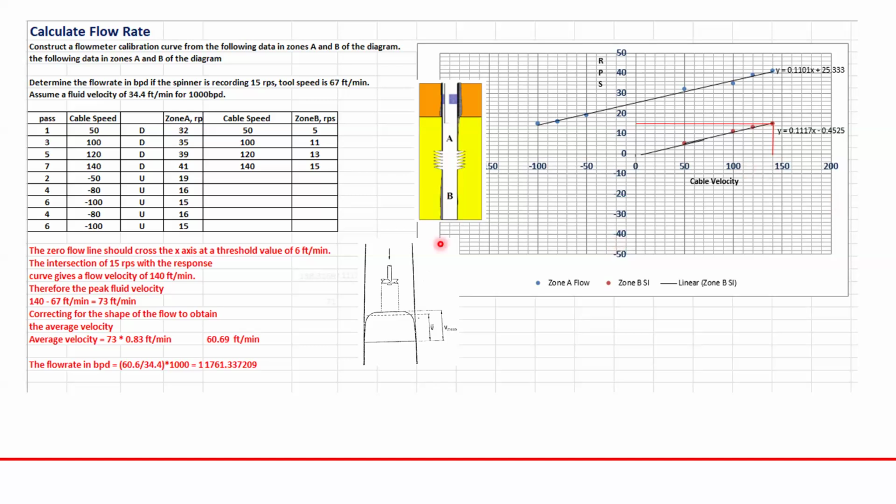So we have to subtract this 67 from the 150 and multiply by the diameter of the casing, and it will give you how much flow across this area. So this is just an idea about how we calculate it.